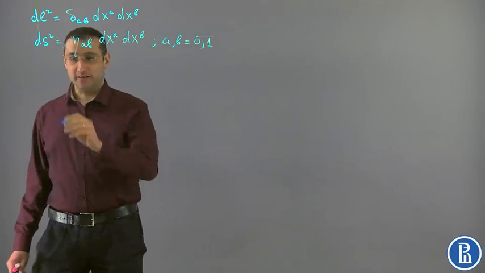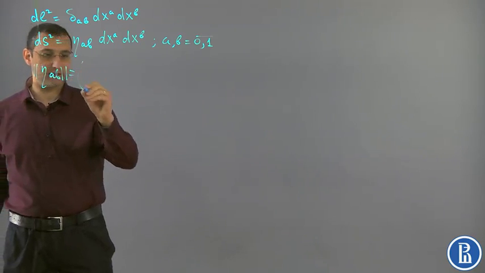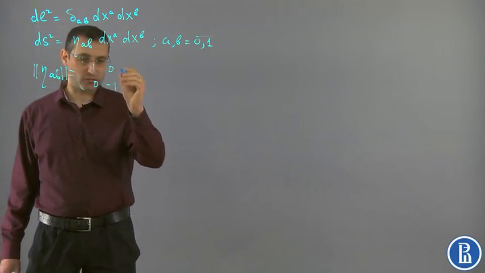What does this mean? This metric tensor has the following matrix: 1, 0, 0, minus 1.